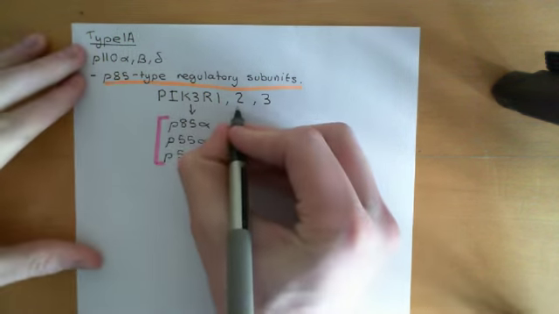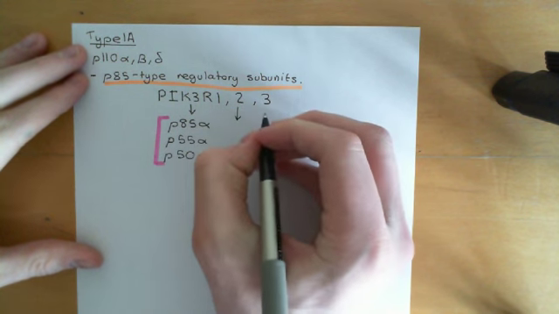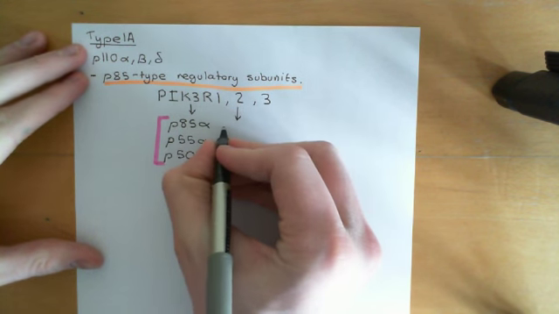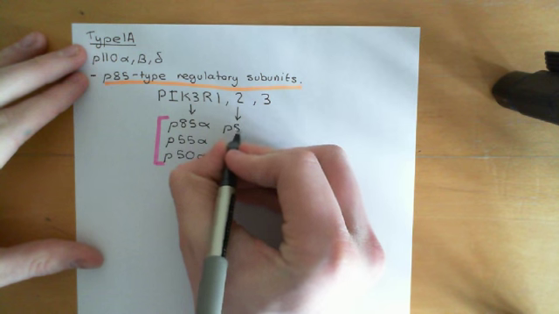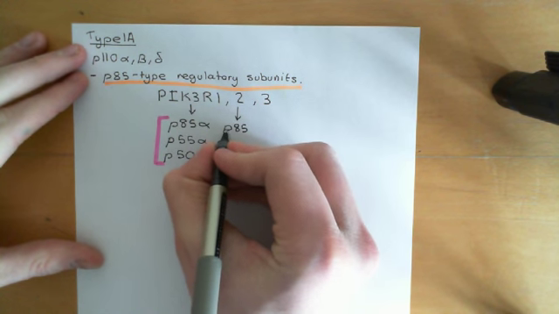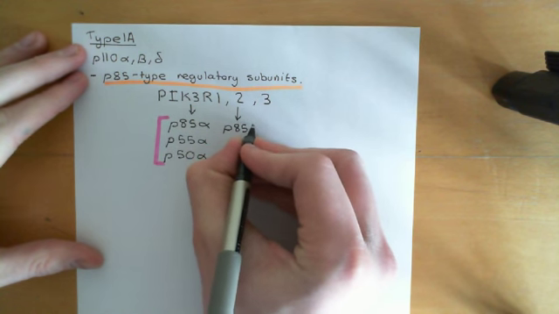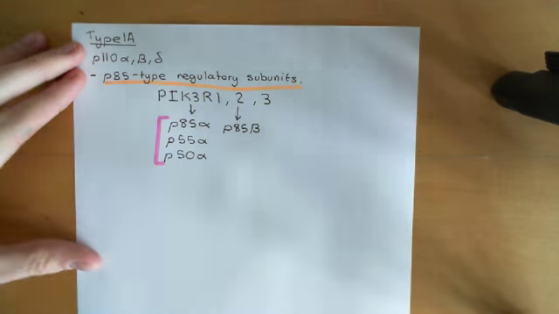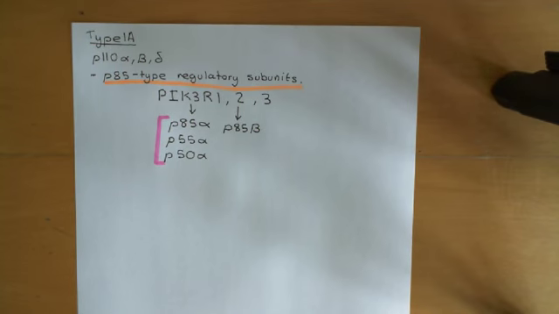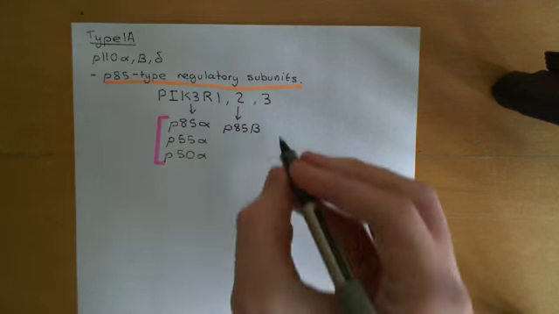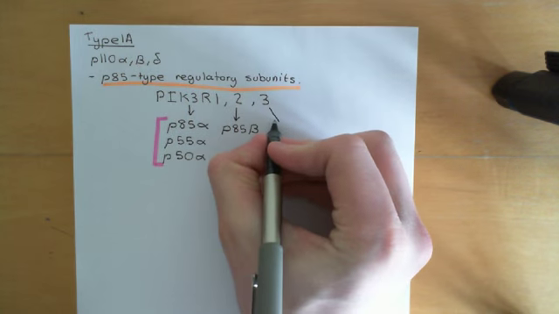Then for the gene PIK3R2, this only has one splice variant, okay, and again it weighs 85 kilodaltons, so this is P85, okay, and because it's coded for by this second gene, we put a beta there, okay, so P85 beta is an 85 kilodalton regulatory subunit of a PI3 kinase made by this PIK3R2 gene, okay, and it's the only one that's made by that gene.